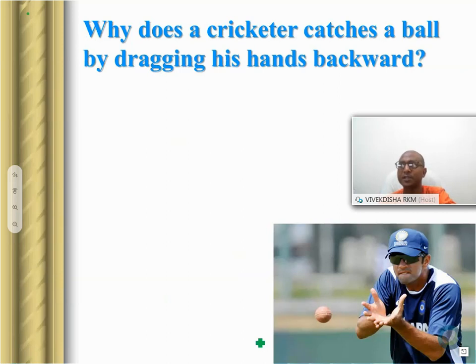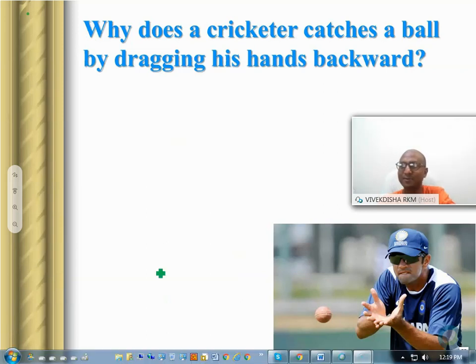Generally, when catching a ball, he takes up the ball coming to him and he drags his hand backward. Why is it so? Is there any advantage or disadvantage? What does it mean actually? We will think about it and try to understand the point.